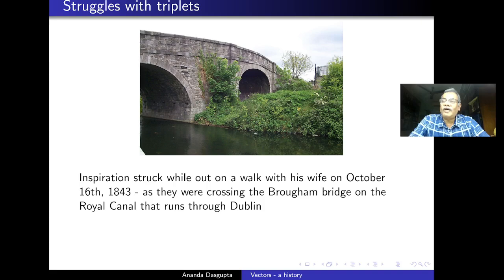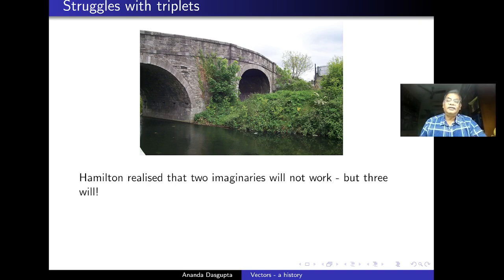And so instead of one imaginary, as with complex numbers, or the pair of imaginaries he was trying out, he needed 3 imaginaries, i, j, and k. So 3 imaginaries will work, whereas 2 imaginaries will not, and he realized the rule that he needed.